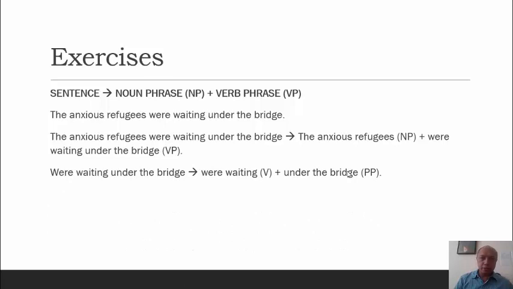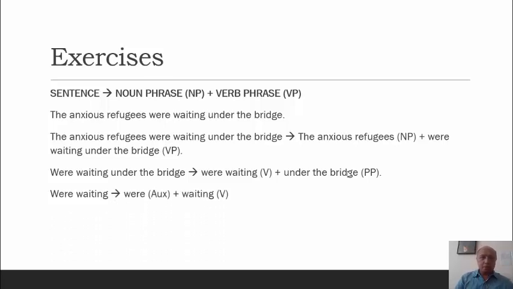Were waiting under the bridge is actually composed of were waiting as the verb plus under the bridge, which is the PP. Do you still remember what PP is? Yeah, prepositional phrase, because under is actually a preposition because it is followed by the bridge, which is a noun.